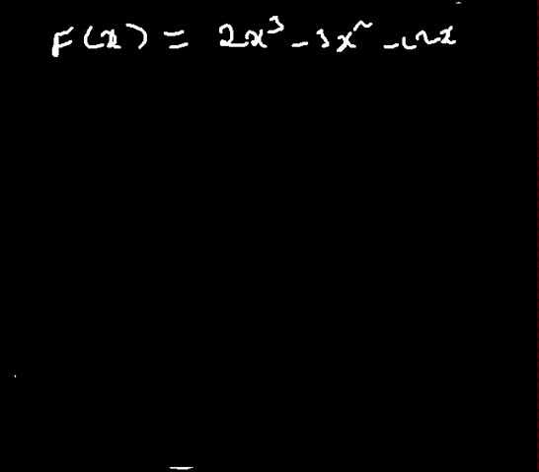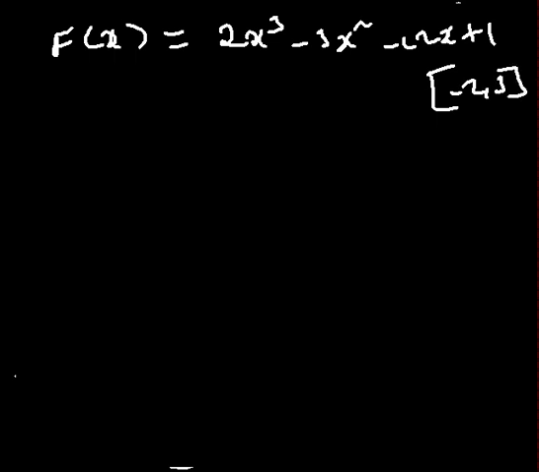And what if, let's say, f of x is given as 2x cubed minus 3x squared minus 12x plus 1 in the interval [-2, 3]?